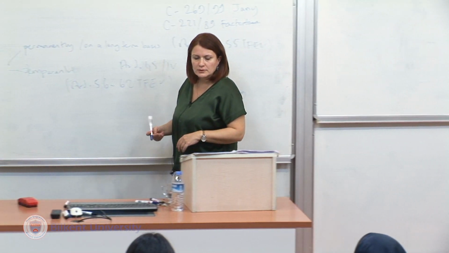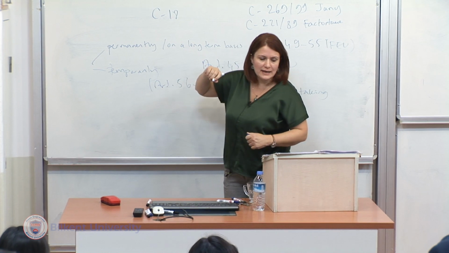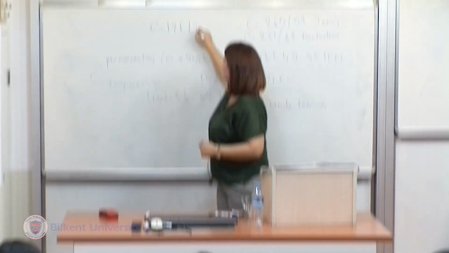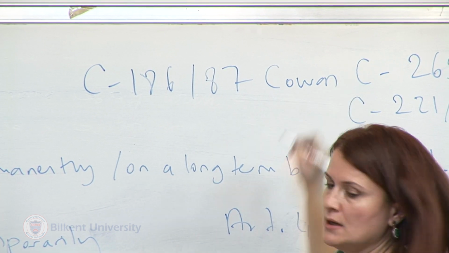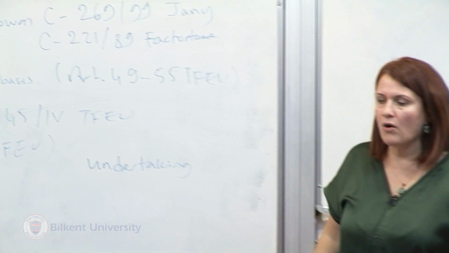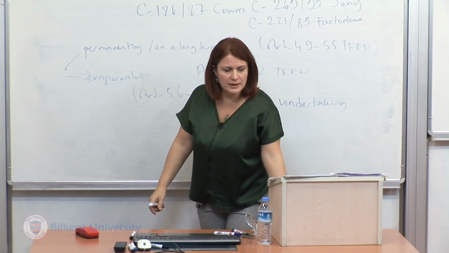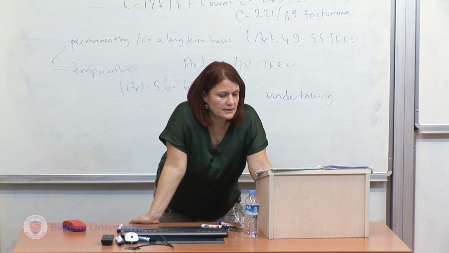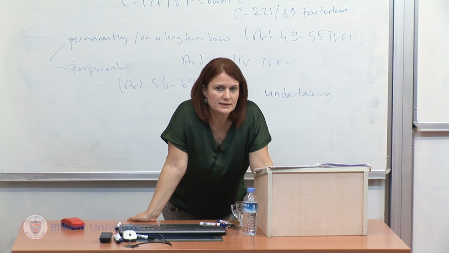For example, in a decision of 1987, in Cowan, the claim involved criminal injury compensation by an EU citizen in France.